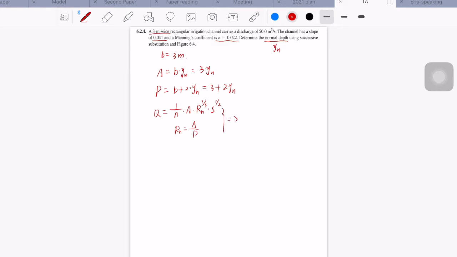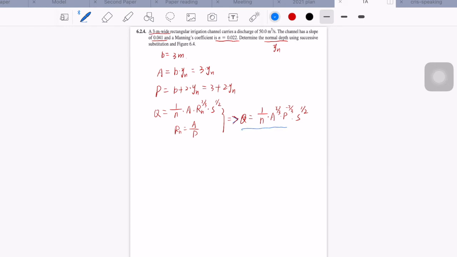So we can get that Q equals 1 over n times A to the power of 5 over 3 times P to the power of -2 over 3 times S to the power of 1 over 2.